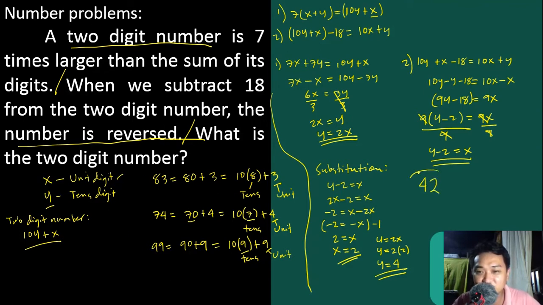So the number that we are pertaining for this number problem is 42. I-check natin kung tama yung sagot natin. Yung sum daw ng mga digit, that is 4 plus 2 is 6, is 7 times na mas malaki.